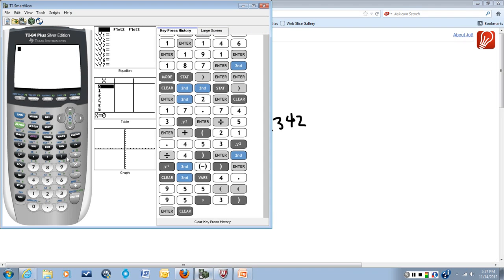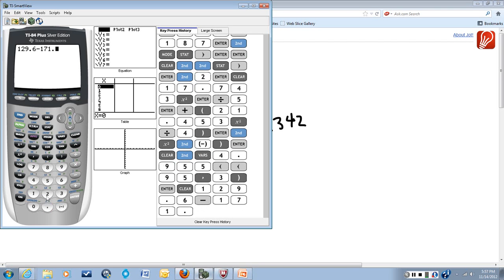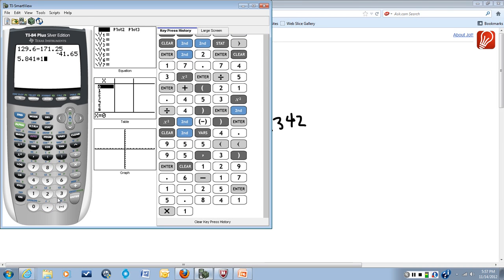So when we do 129.6 minus 171.25, we get a value of negative 41.65. That'll be plus or minus, and then we have to multiply our critical value by our standard error, and that was 5.841 times 13.342.